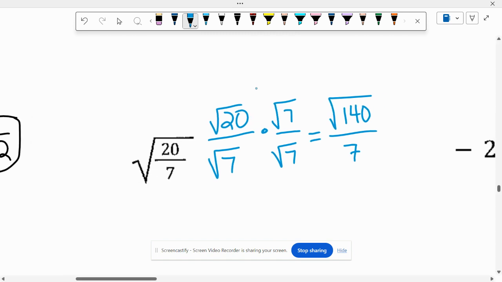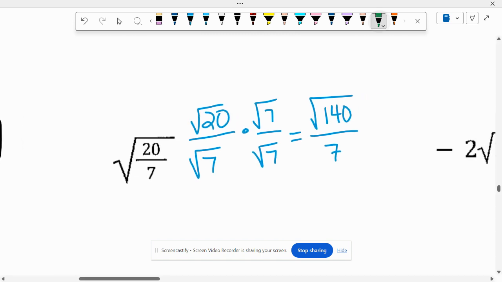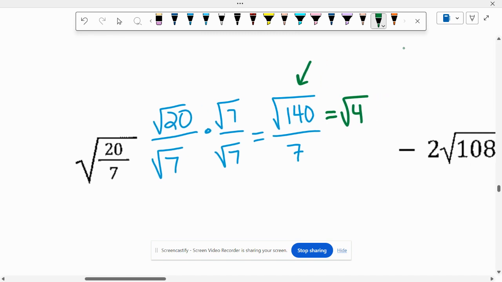So is there a perfect square that lives inside of here? I'm sure there is. Let's break it up. What's 140 divided by 4?